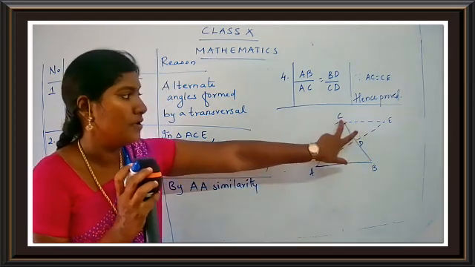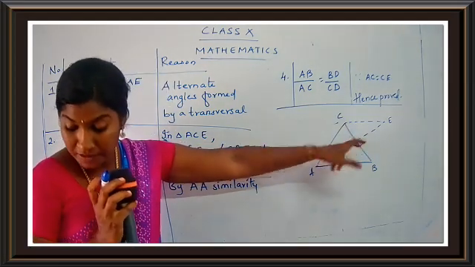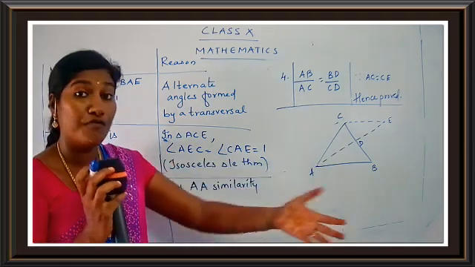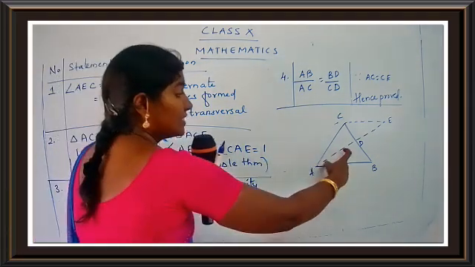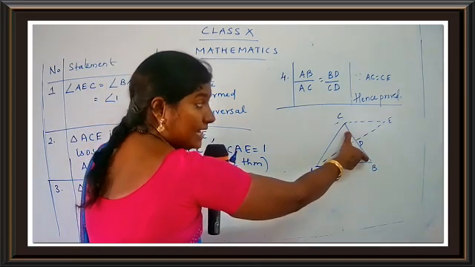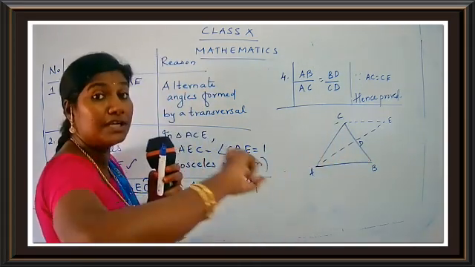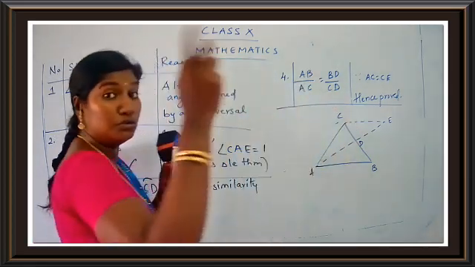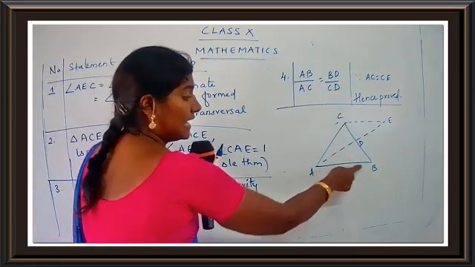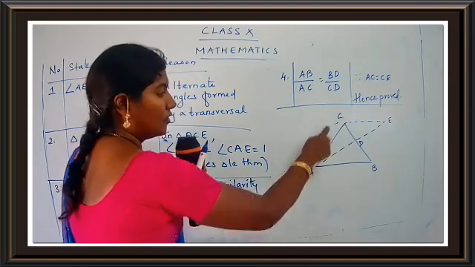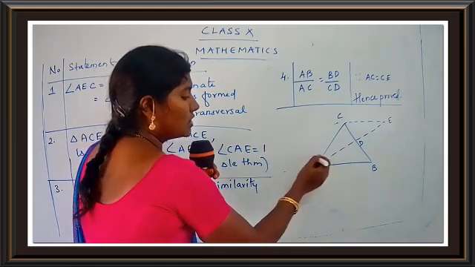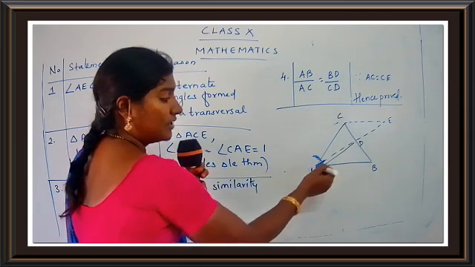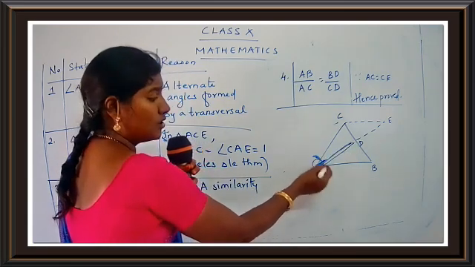BD upon CD, of the corresponding sides containing the angle. This internal bisector divides the opposite side in the ratio of the corresponding sides containing the angle. You are going to focus on angle A, because here only you have an internal bisector.